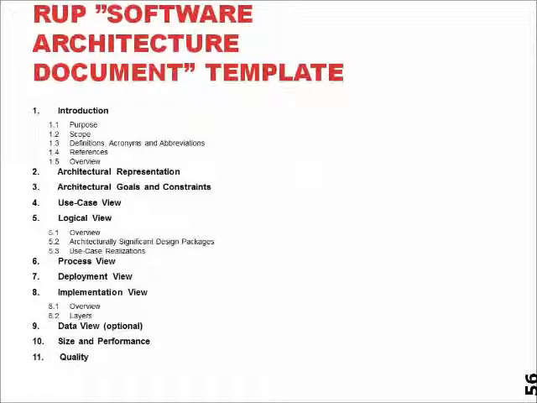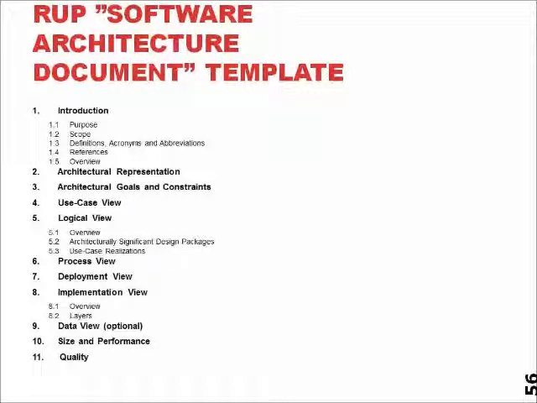So this is, for example, what the Rational Unified Process has. It has several things here: the architectural representation, use case view, logical view, process view, deployment, implementation.